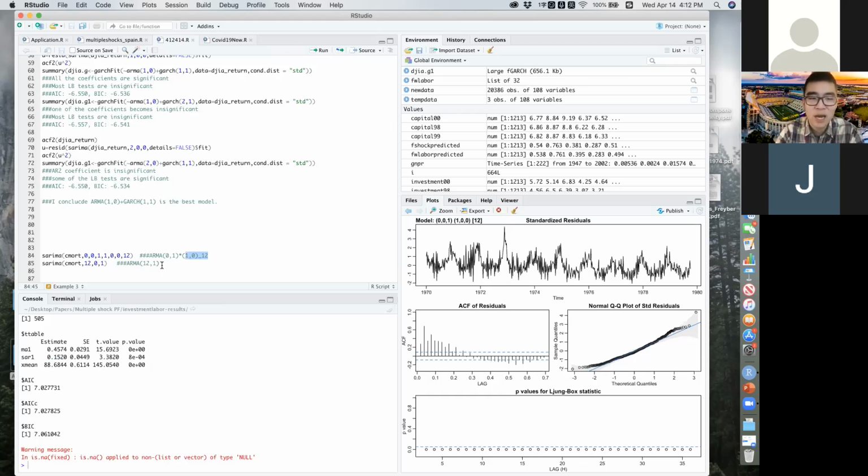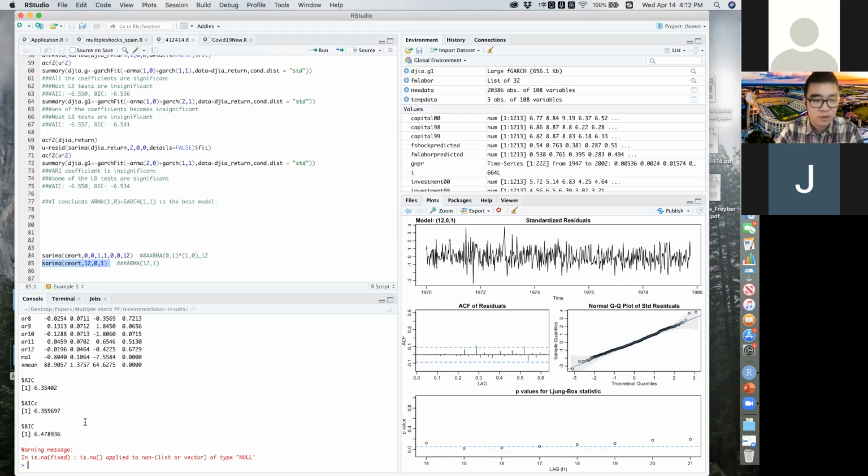So why can't I write it as an ARMA (12,1) model? If I move this seasonal part to the left-hand side of the equation, it becomes an AR12 model. So why can't I just use this? It looks like they are equivalent, but actually they are not.